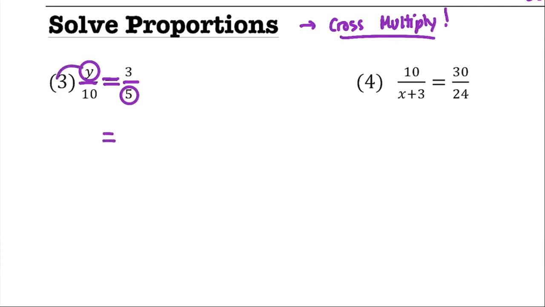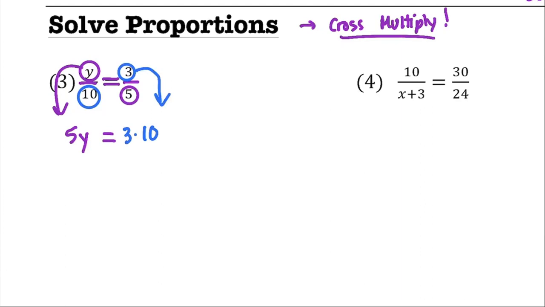When I do that multiplication, y times 5, or 5y, that goes on one side. Now, for the other side, we take the other denominator and multiply it by the other numerator. So 3 times 10 is what goes on the right side.